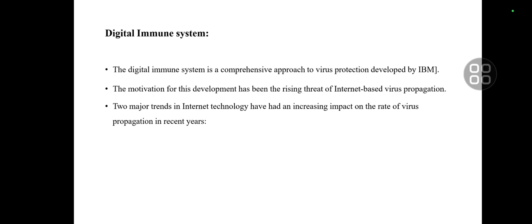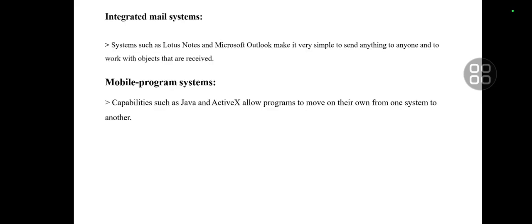The motivation for this development has been the rising threat of internet-based virus propagation. Two major trends in internet technology have had an increasing impact on the rate of virus propagation in recent years.